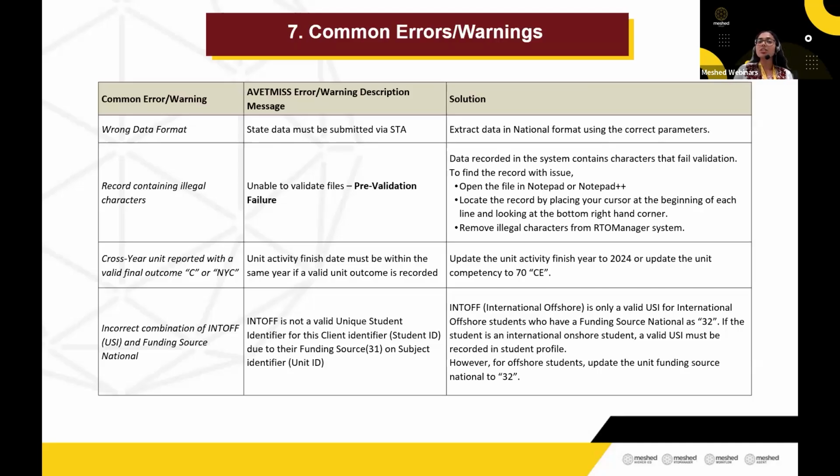If the combination of the student origin and funding source does not match, for example, you have recorded the student's funding source as 31, then the NCVR system will expect you to report a valid USI for the student. So if the student is an offshore student, please ensure that you have updated the funding source national to 32 under the unit enrollments and change the origin to overseas offshore. This way, the mesh system will automatically generate INTOF in your NAT files.